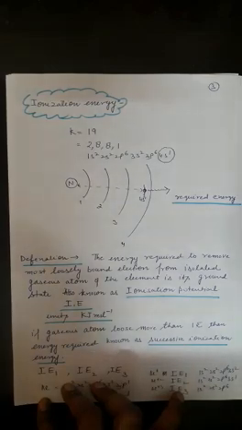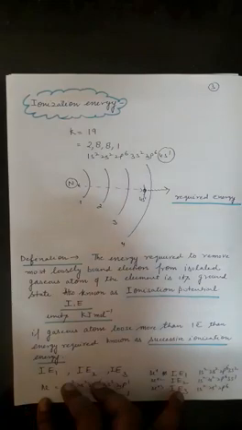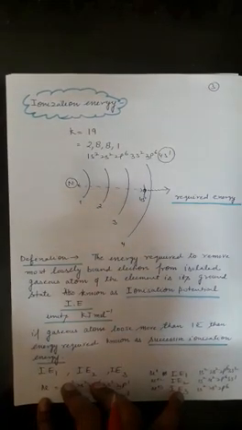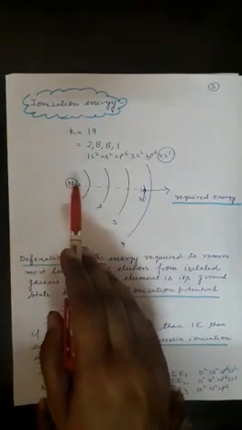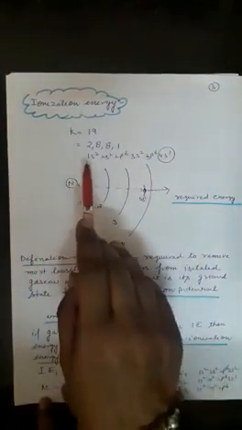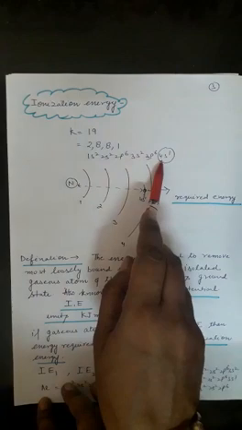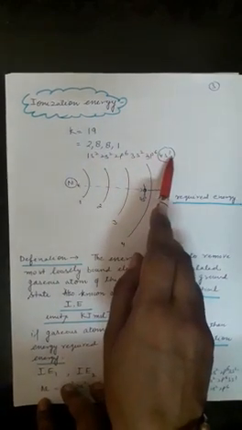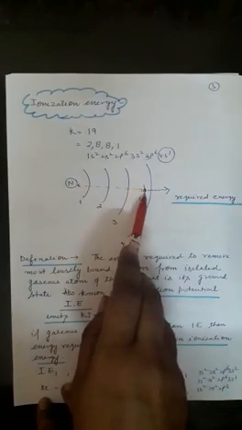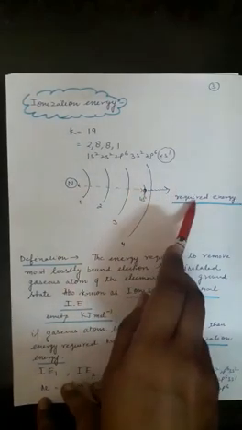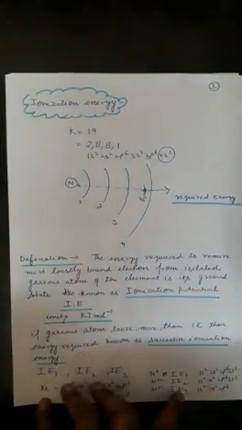Ionization energy is the amount of energy required to remove the outermost loosely bound electron from an atom in its gaseous state. In the case of potassium, the loosely bound electron is present in the fourth shell, and it is 1 in number. The energy required to remove that outermost electron is called ionization enthalpy.